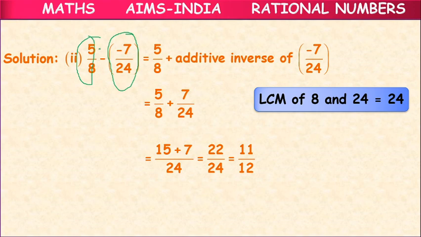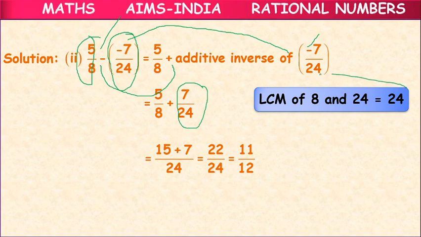The minus symbol we are taking, but subtraction can be written as addition. But what do we have to write? The additive inverse of minus 7 by 24, so it will become 7 by 24. Additive inverse means we just change the overall sign of the rational number. On the whole, it is a negative rational number, and we are making it positive.